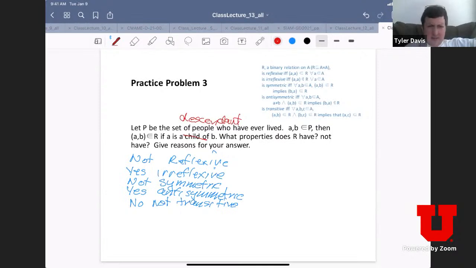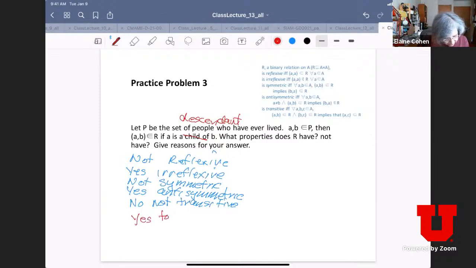Transitive now. Yes, very good. Then yes to transitive. Very good, thank you. Notice we have different colors for that. Okay, let's go on.